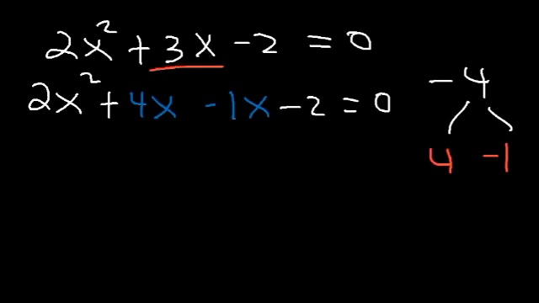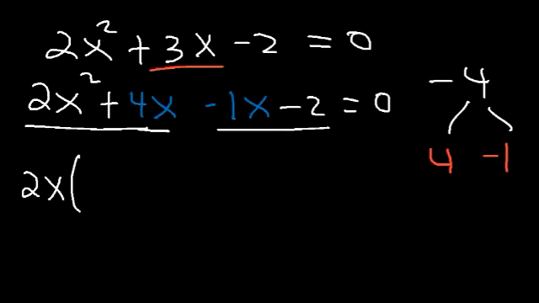Now, our next step is to factor by grouping. Let's factor the GCF from the first two terms and the last two terms. In the first two terms, we can take out a 2x. 2x squared divided by 2x is x, and 4x divided by 2x is 2.